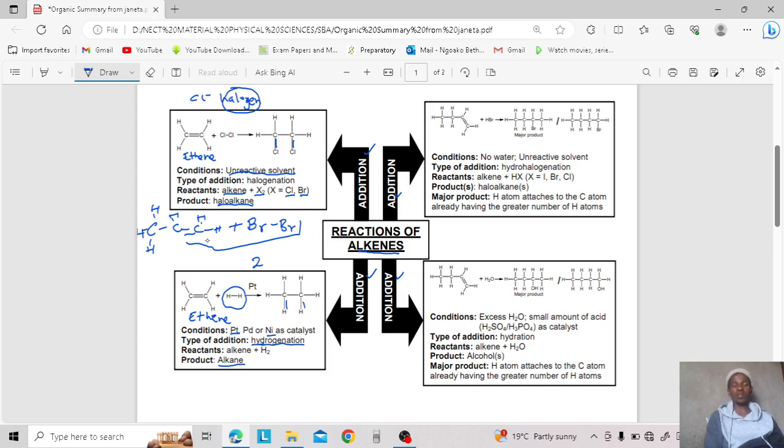Now everything is sorted, it's balanced. Checking the hydrogens, on the left we have 1, 2, 3, 4, 5, 6. On the right 1, 2, 3, 4, 5, 6. Then the carbons are balanced, 1, 2, and here 1, 2. So that's what we have.